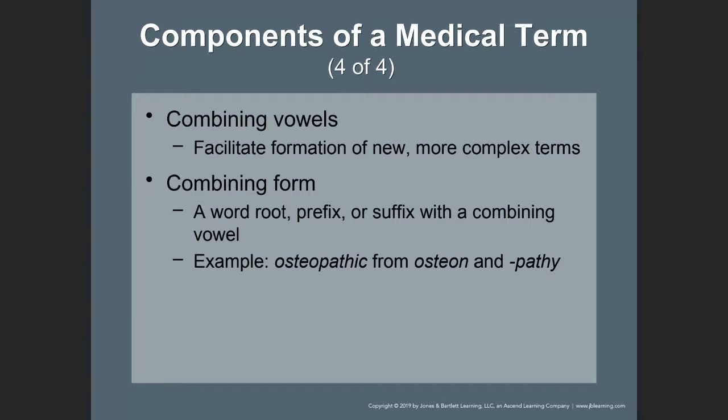Combining vowels facilitate formation of new or more complex terms. Combining form: a word root, prefix, or suffix with a combining vowel. Example, osteopathic from osteon and pathy. That's the disease of the bones.